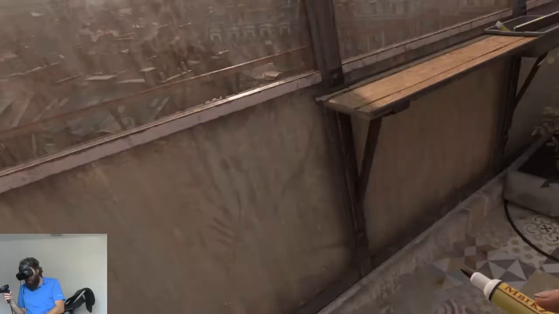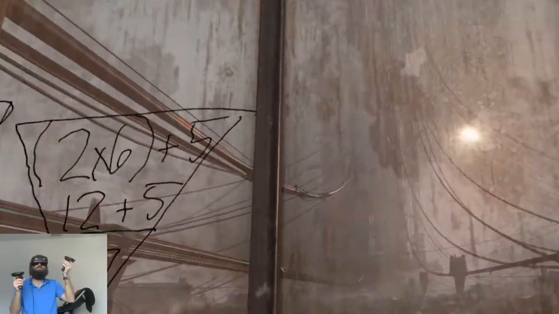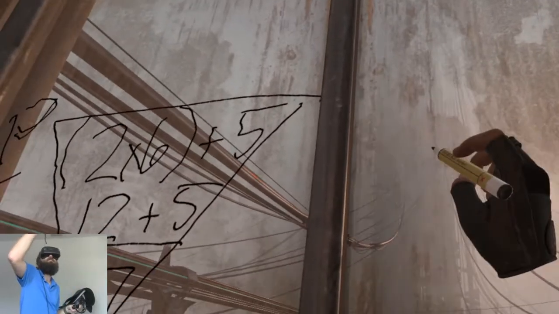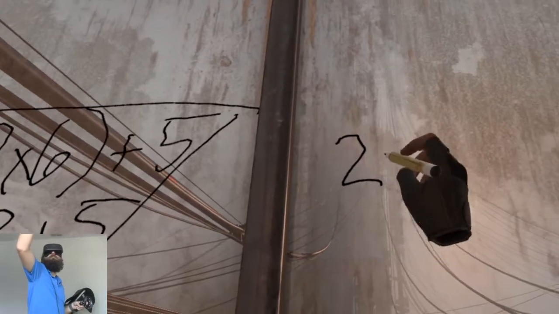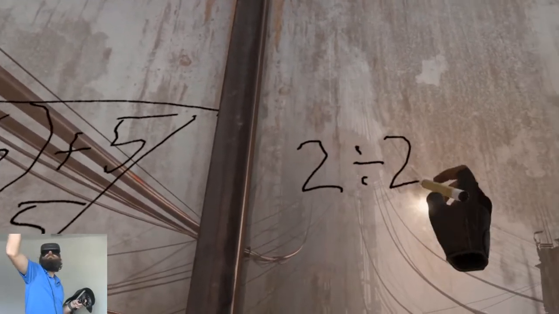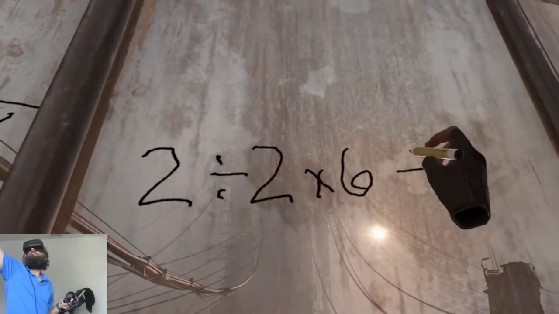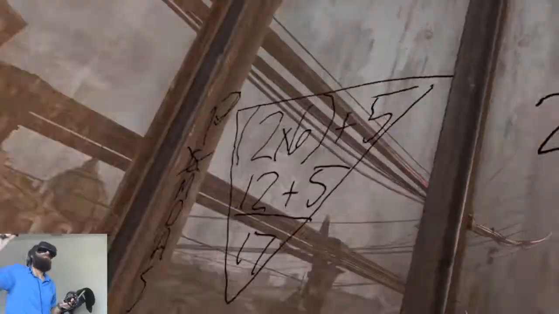What we're going to go over right now, this can really go awry when you start mixing up these operations, especially multiplication and division, because there is a catch to this. So let's put up another problem. 2 divided by 2, we'll say times 6, and then we'll just say again plus 5. Okay.